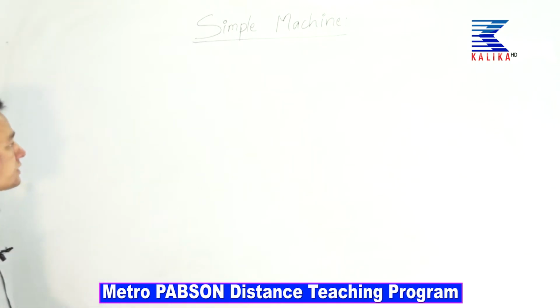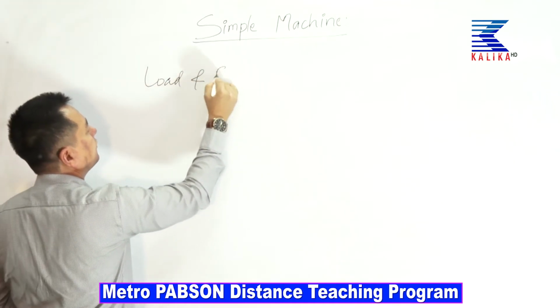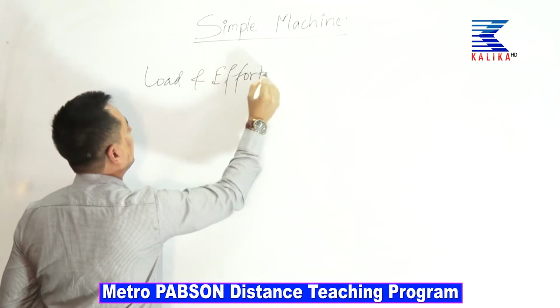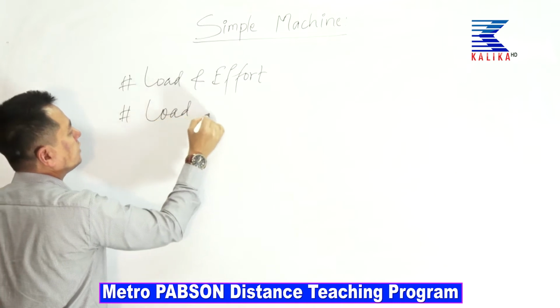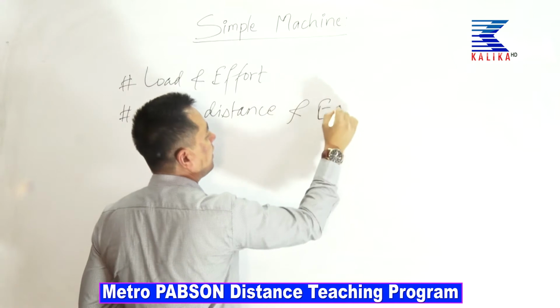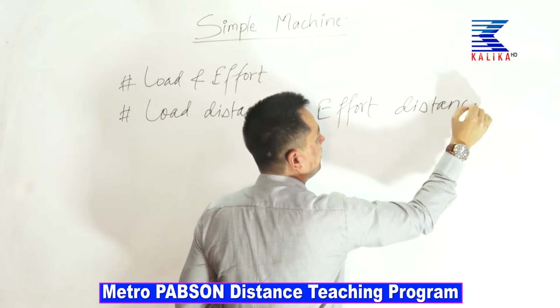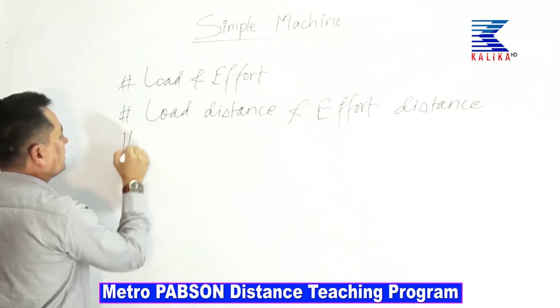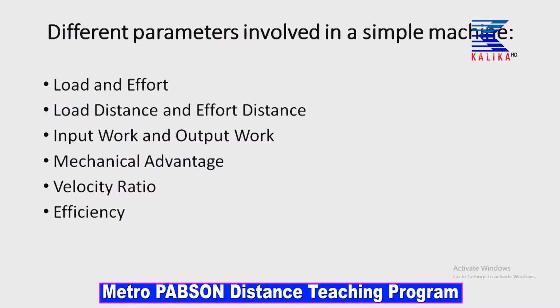In the last class we discussed what load and effort in a simple machine are. We discussed what load distance and effort distance are in a simple machine. Similarly, we discussed input work and output work.